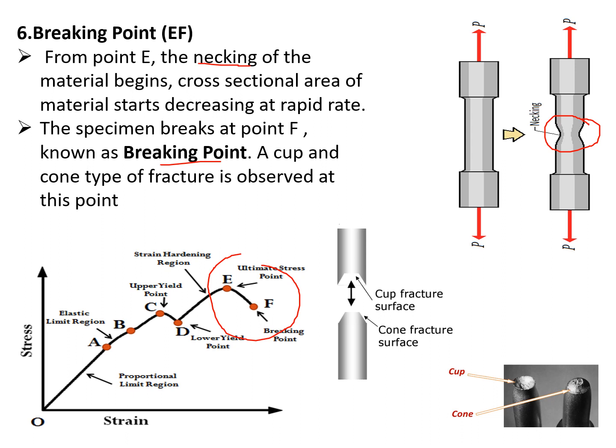Because now the material is so weak due to that necking phenomenon or neck formation, the material will fail at point F, and that failure is cup and cone type. So you see, this is the cup fracture surface and this is the cone fracture surface, and this is the real diagram of this cup and cone phenomenon, okay?